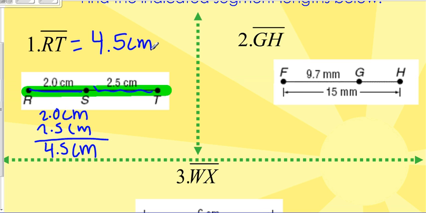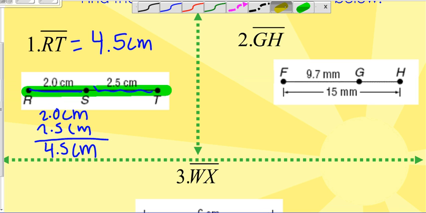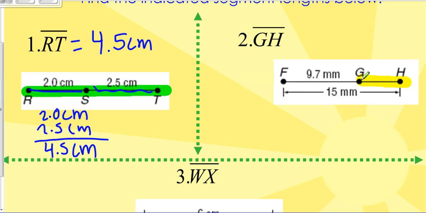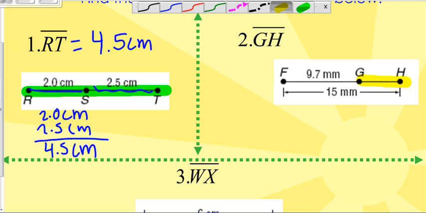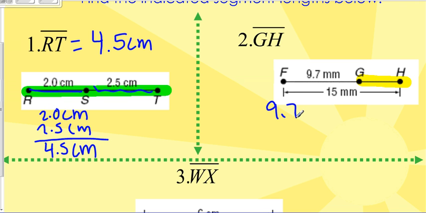For number 2, we are looking for GH. Notice that GH is now one of the pieces. It's one of the parts. So if we were setting this up as part plus part, we would have 9.7 plus x, because that's the piece we're missing, equals 15 millimeters.